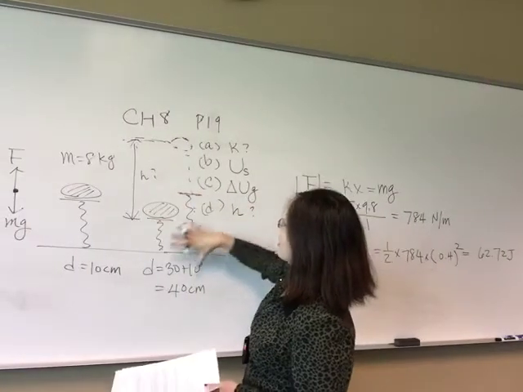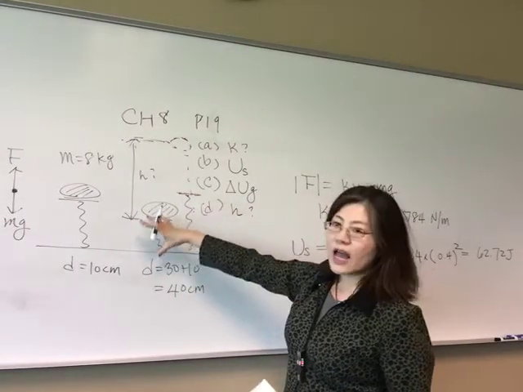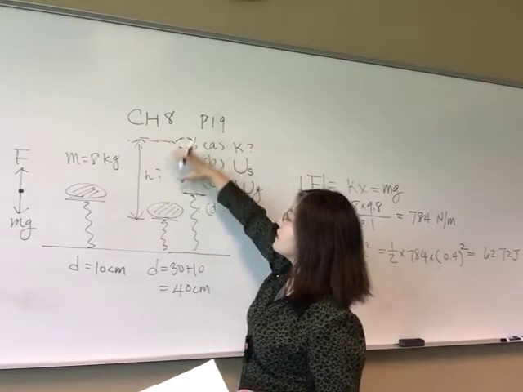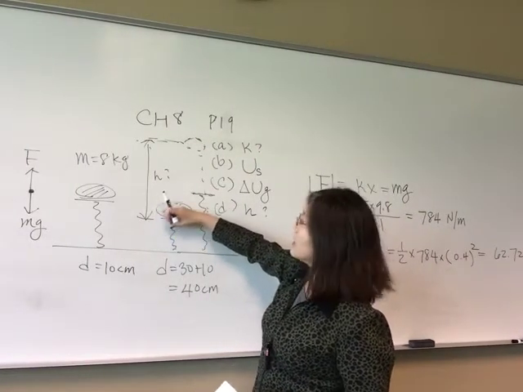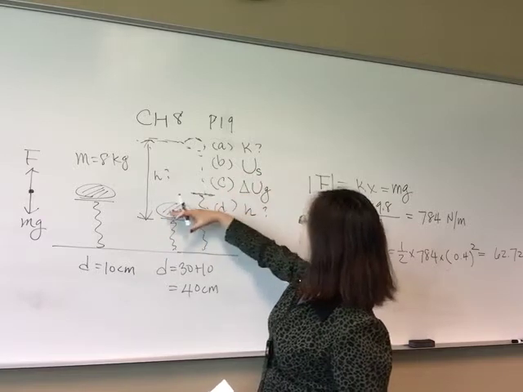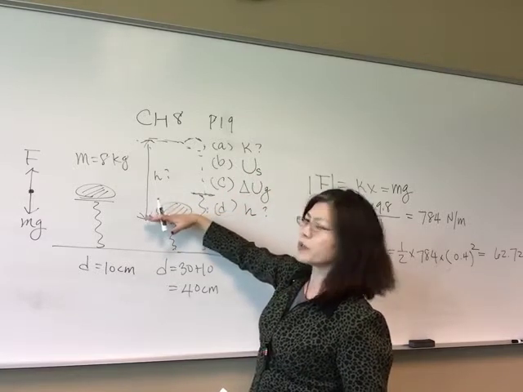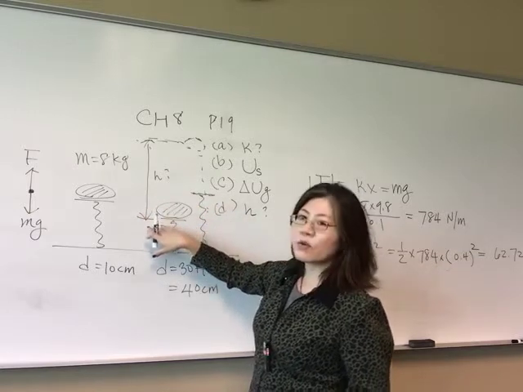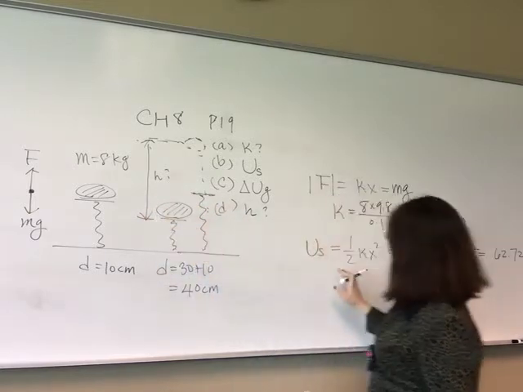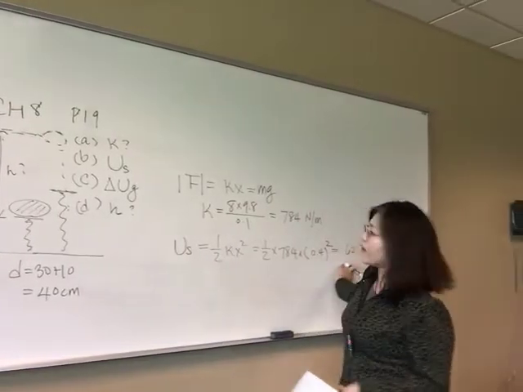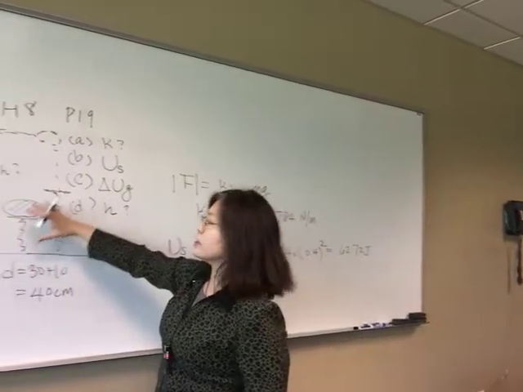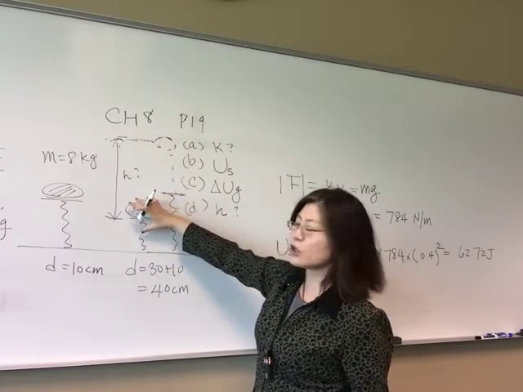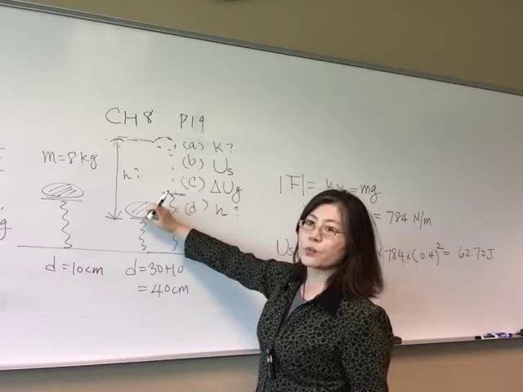All the energy stored in the spring potential energy has to be converted to gravitational potential energy. While it's being compressed, we define the gravitational potential energy to be 0 here. So the only energy with a non-zero value is the spring potential energy, which is this value. The initial conditions are an initial spring potential energy and no gravitational potential energy.